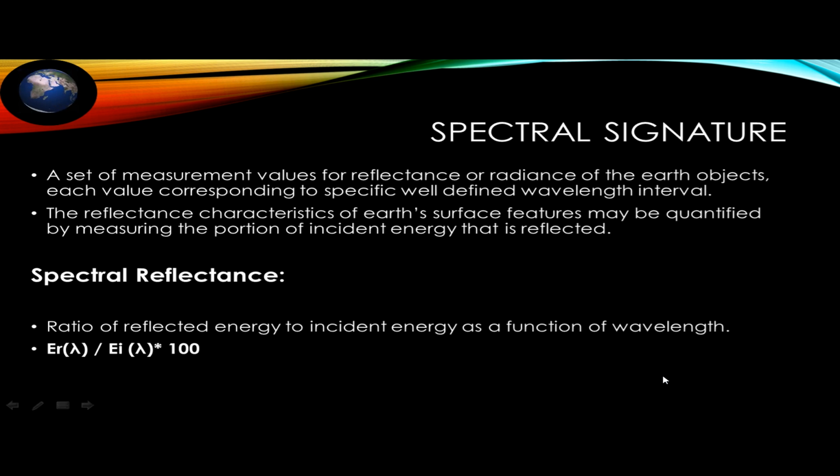In terms of a mathematical equation, it is ER, the energy reflected at a particular wavelength, divided by the energy incident EI as a function of wavelength, times 100. It comes in a range of 0 to 100%. So that is how it works.